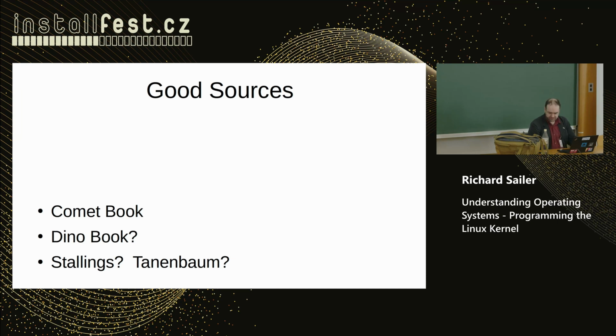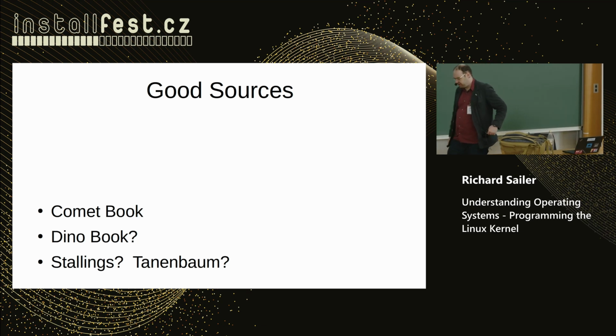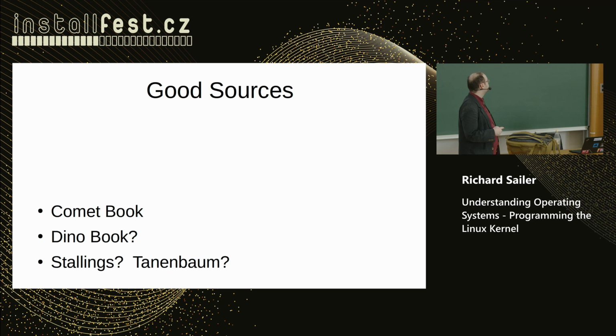But of course there are other books. There's also the dinosaur book. It is called, I think, Operating System Concepts from Silberschatz, which is also goodish, but it's quite theoretic. So if you just get one book, get the Comet book. There are also books from Stallings and Tannenbaum that are pretty cool.